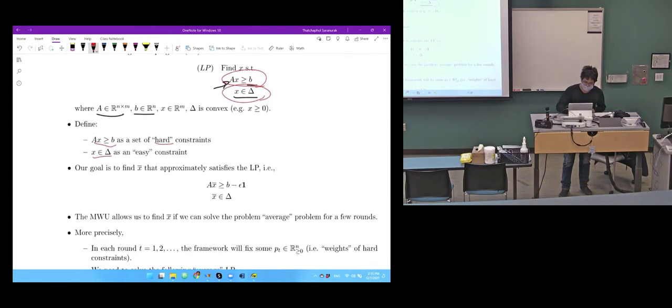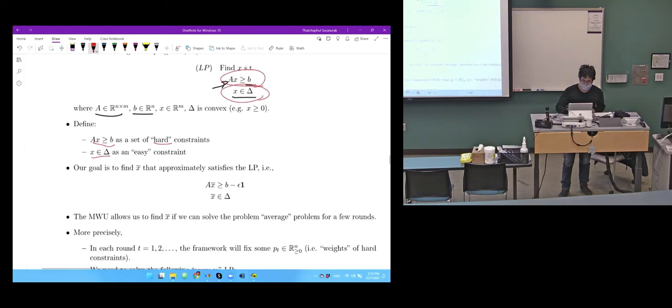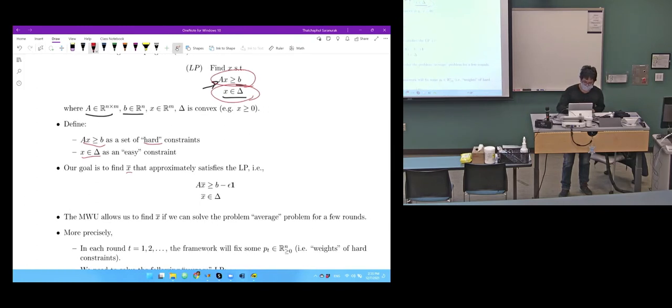We want to find some x bar such that it approximately satisfies the LP by some additive factor. All the hard constraints here, you just want to satisfy up to an additive epsilon for every constraint. But the easy constraint you want exact.